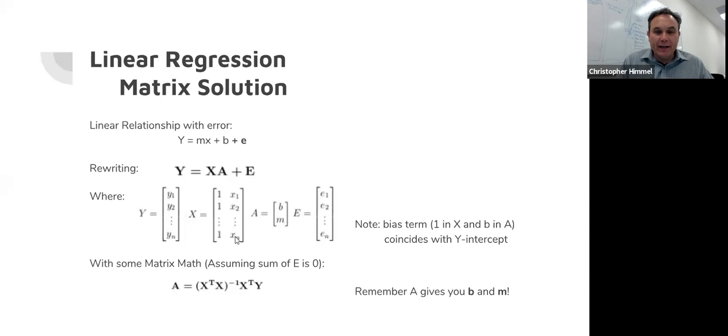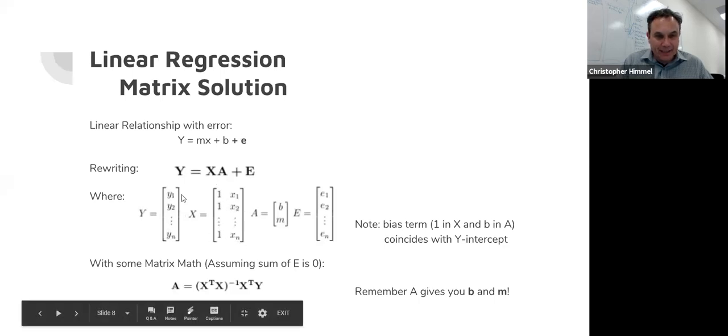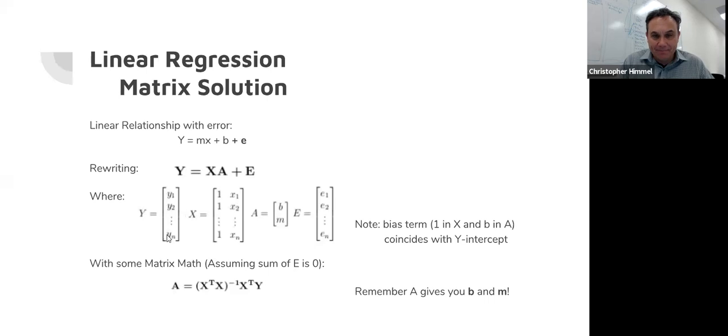So x is this, and then y, to line that up, is your data set, but your output. And then we're going to write a as b and m, b the first part of that vector, m the second.